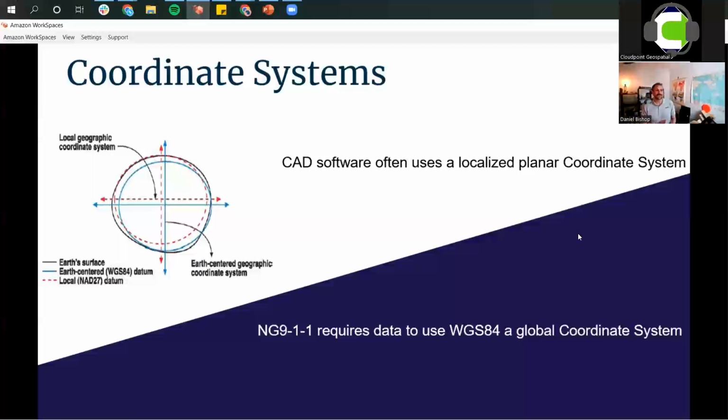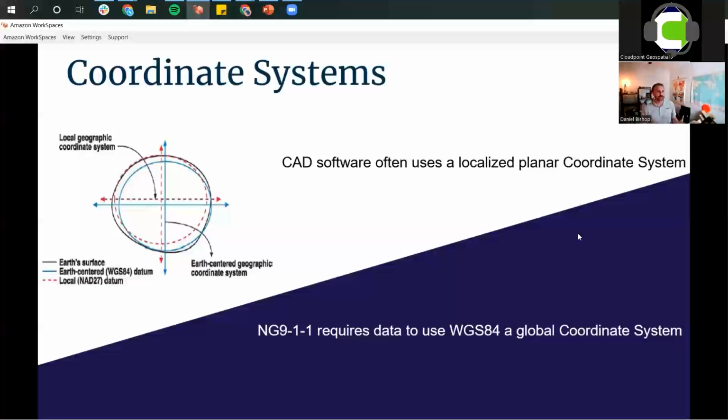NG9-1-1 uses the coordinate system WGS-84, the World Geodetic System, which was created in 1984. That's a global coordinate system, meaning that it encompasses the whole Earth, and it's three-dimensional. NG9-1-1 is kind of transitioning to this global coordinate system so that it can make a unified system nationally.